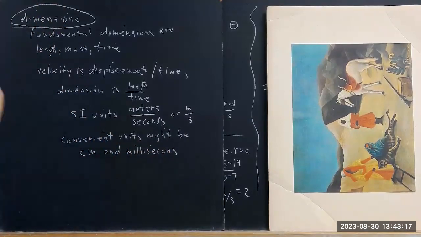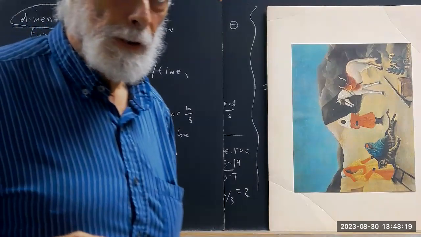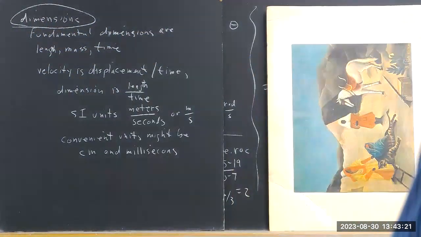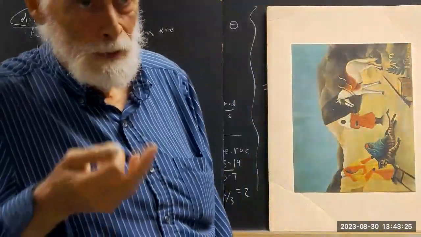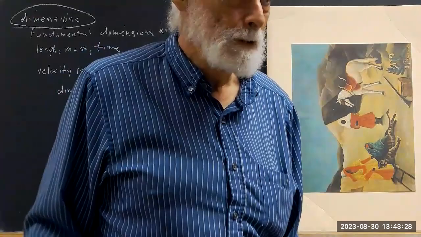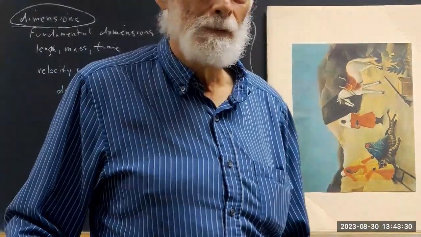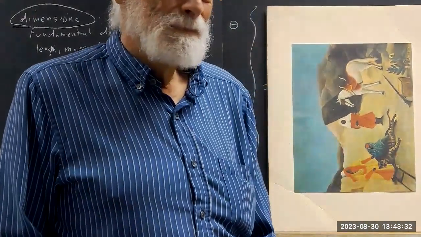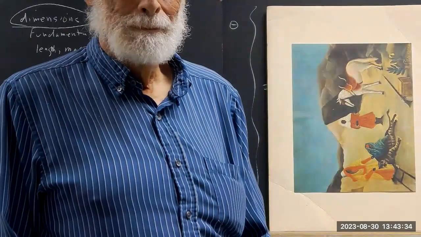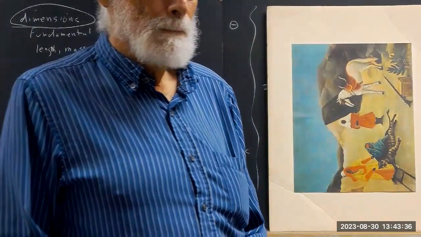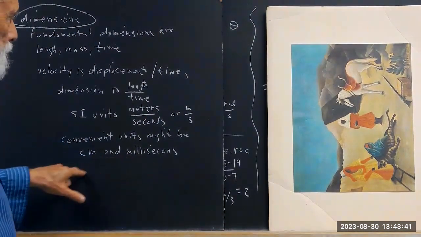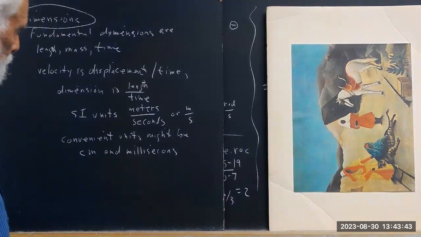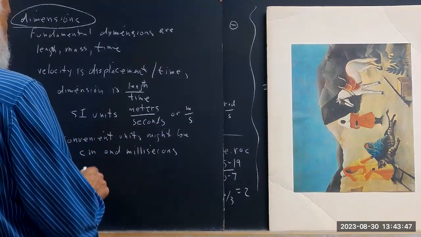Convenient units for some measurements might be centimeters and milliseconds. It's easier to think 140 milliseconds than it is 0.0140 seconds. 140 is easier to visualize than 0.014, maybe. So there can be an advantage to using different units.